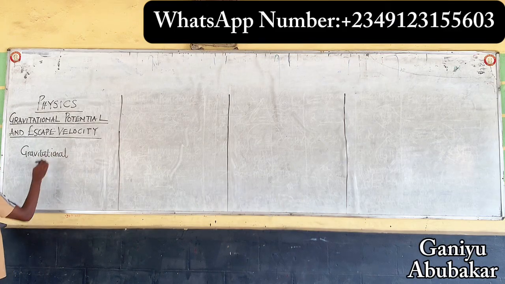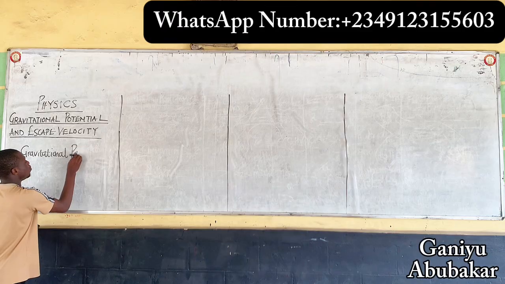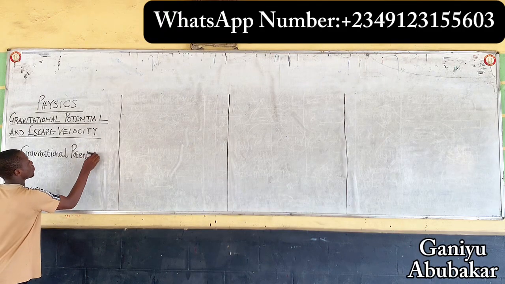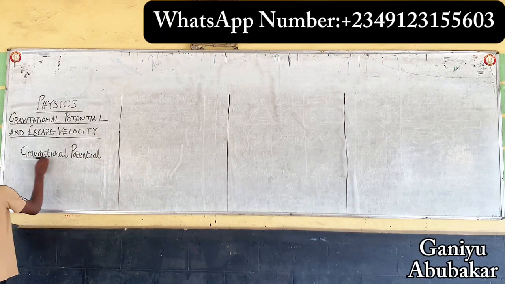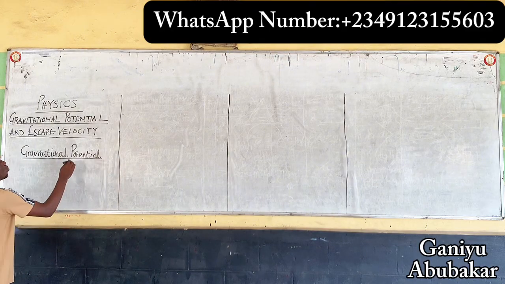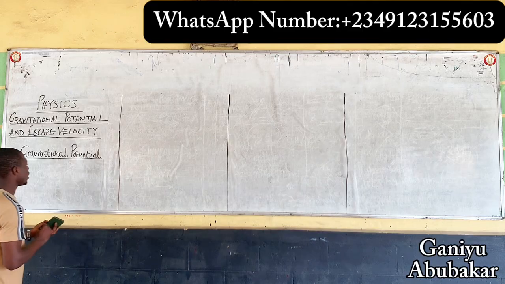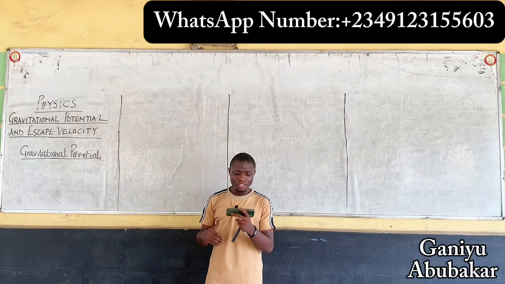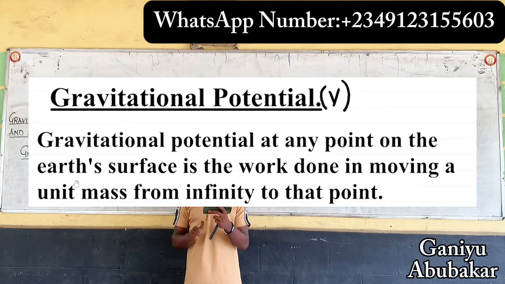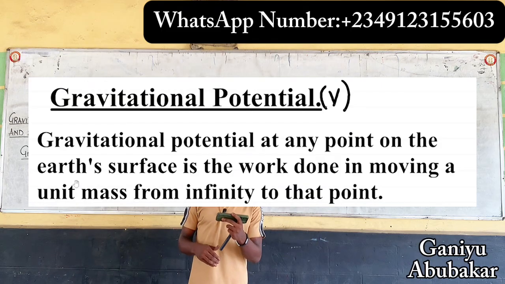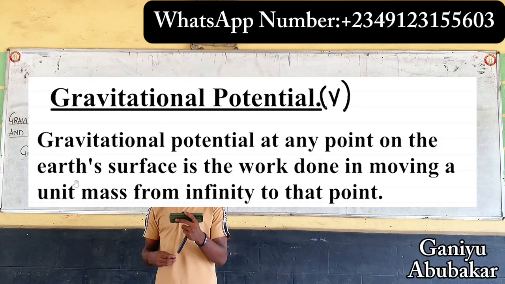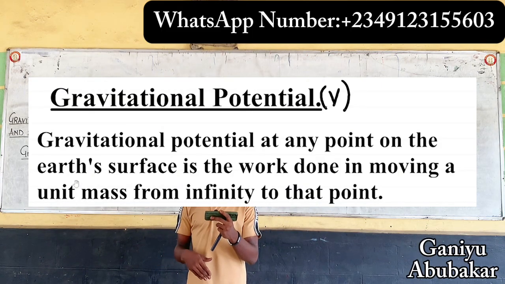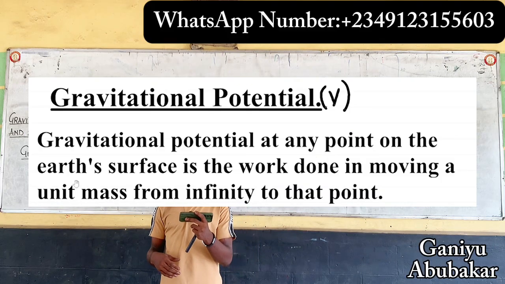Let's discuss gravitational potential. By definition, gravitational potential at any point on the Earth's surface is the work done in moving a unit mass from infinity to that point.